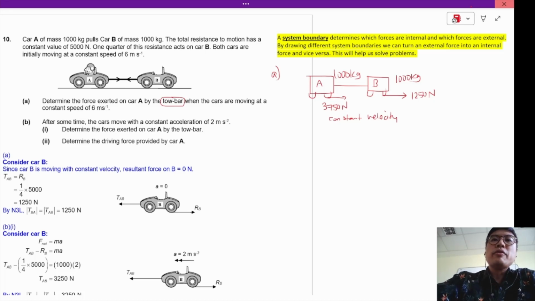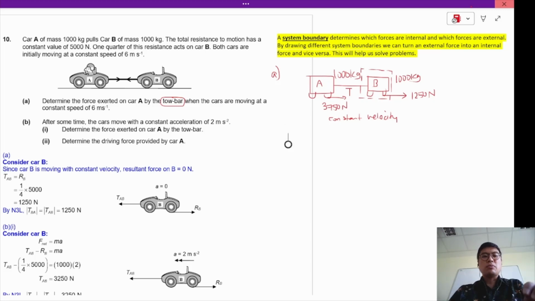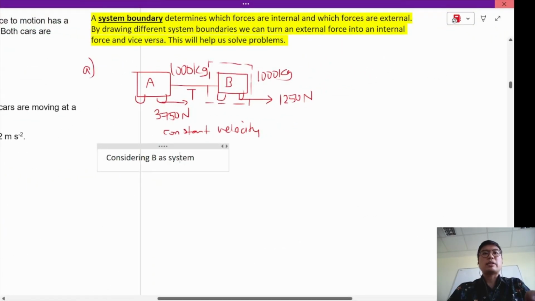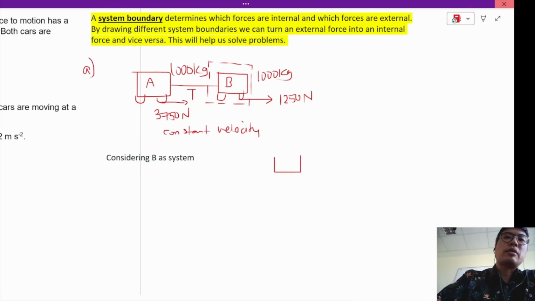We want to find out what's the force in the tow bar, and one easy way to do that is to draw a system boundary only around B. So we write, considering B as the system. Then we will get this kind of drawing, with 1250 newtons resistance force and T.